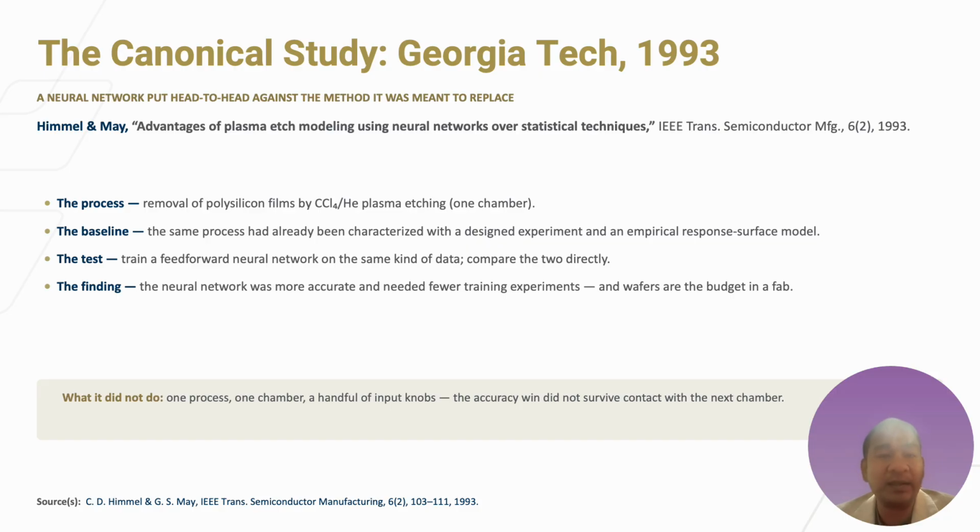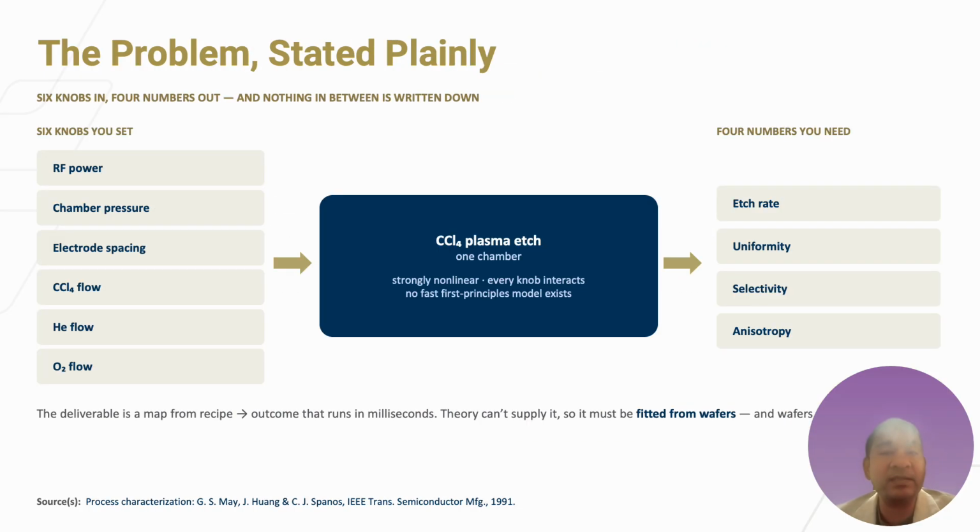To say why the network won, they lay out the problem plainly. Here is the problem in plain terms. On this etch tool, you set 6 knobs: the RF power, the chamber pressure, the electrode spacing, and the 3 gas flows. From those, you need to predict 4 outcomes: the etch rate, how uniform it is, how selective it is, and how straight the etched walls are.